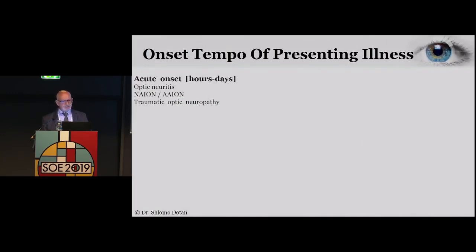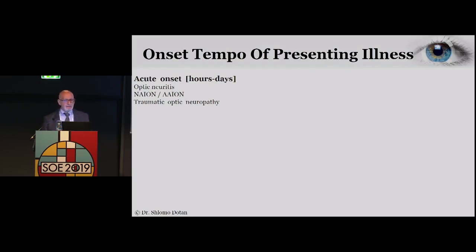Very important is to divide the optic atrophies into the tempo of the presenting illness. And I'm going to give you some more examples, like laterality, like age.